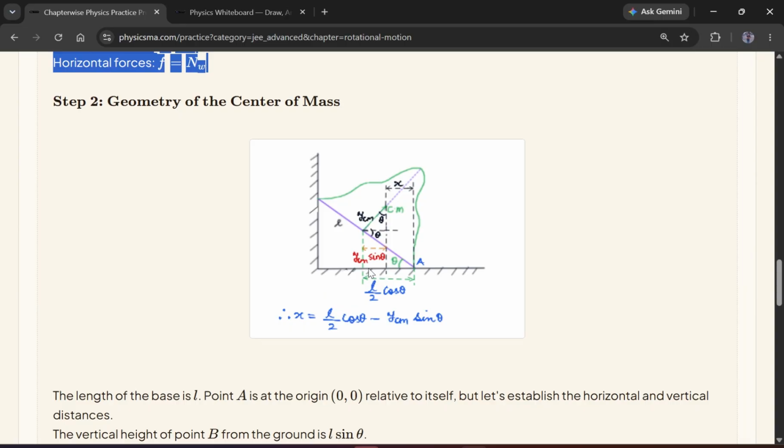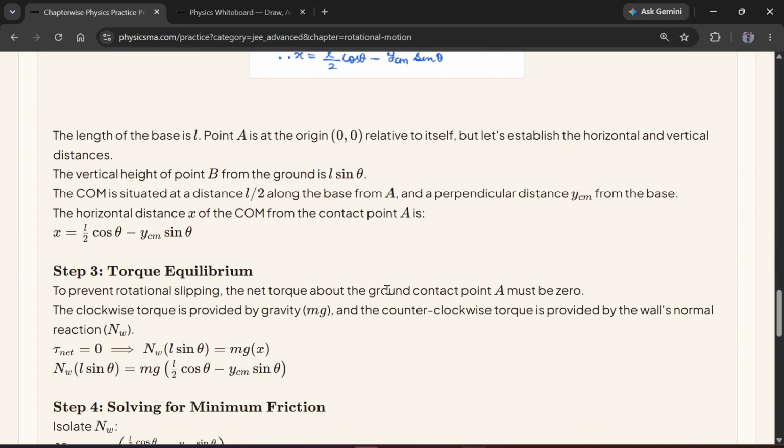So this angle is theta, it's going to be L by 2 cos theta. So L by 2 cos theta minus YCM sine theta, right, is going to be what? This distance, which is x. And x is the horizontal distance of the center of mass from point A. This point A is the contact point between the body and the floor. So we got the value of x.